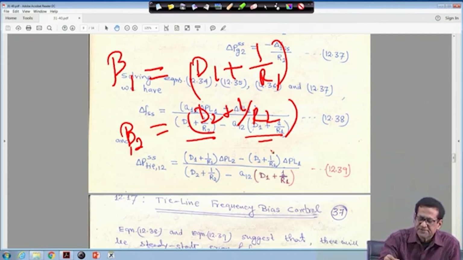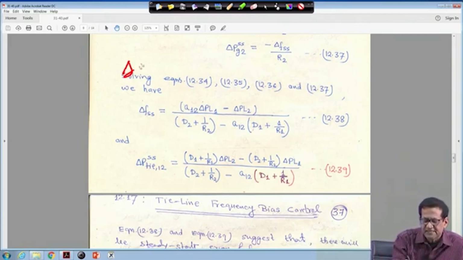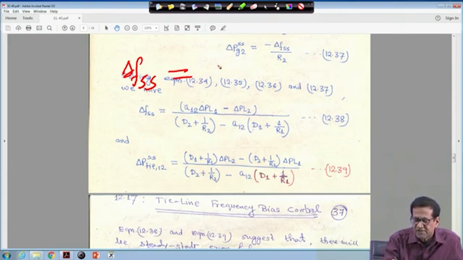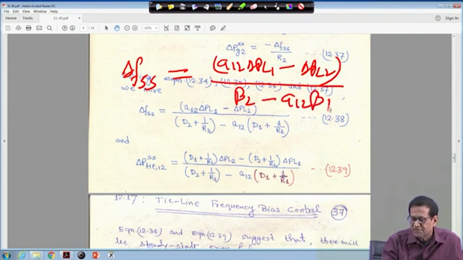So, this equation for delta FSS can be written as numerator A12 delta PL1 minus delta PL2 divided by beta 2 minus A12 beta 1.